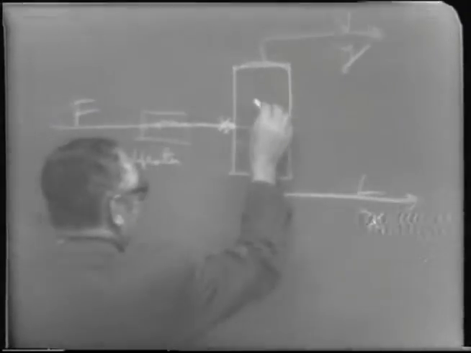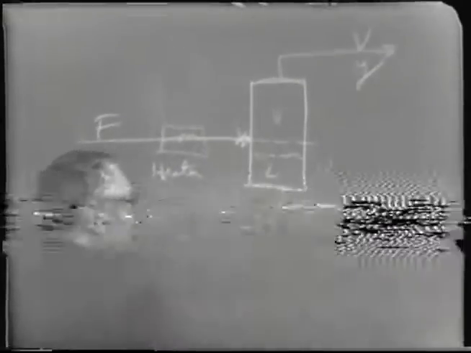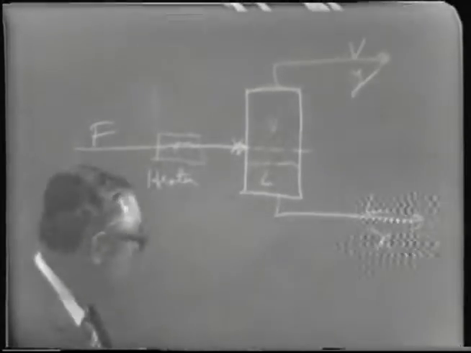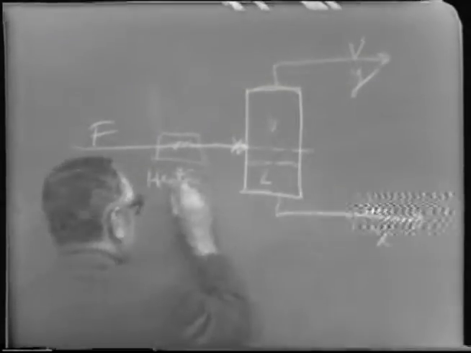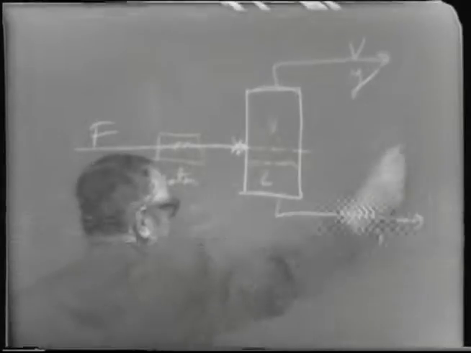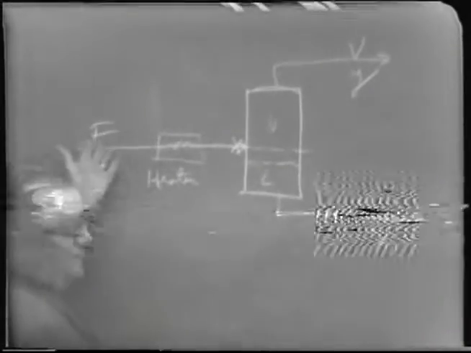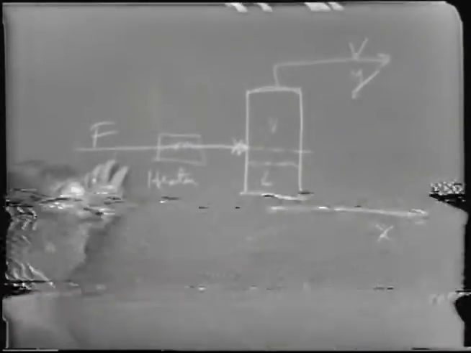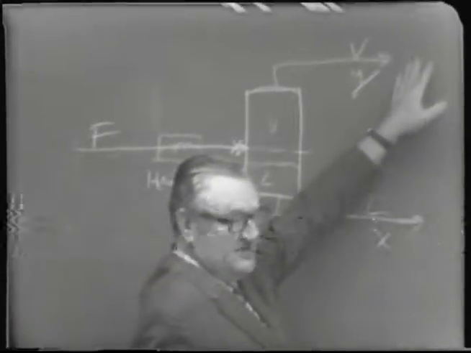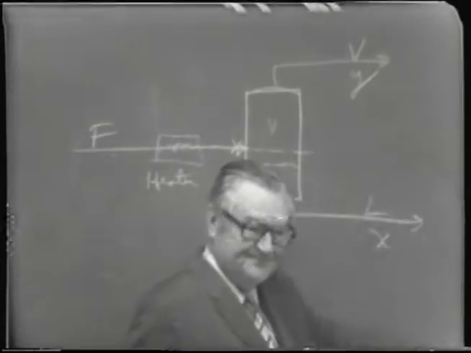The liquid level might be like so. Say this would be the liquid, and this would be vapor passing off. It's the fraction of this feed that's passed off as vapor. If you're running 100 pounds, and you say the fraction vaporized is 5/10, it means 50 pounds of that 100 goes off as vapor.